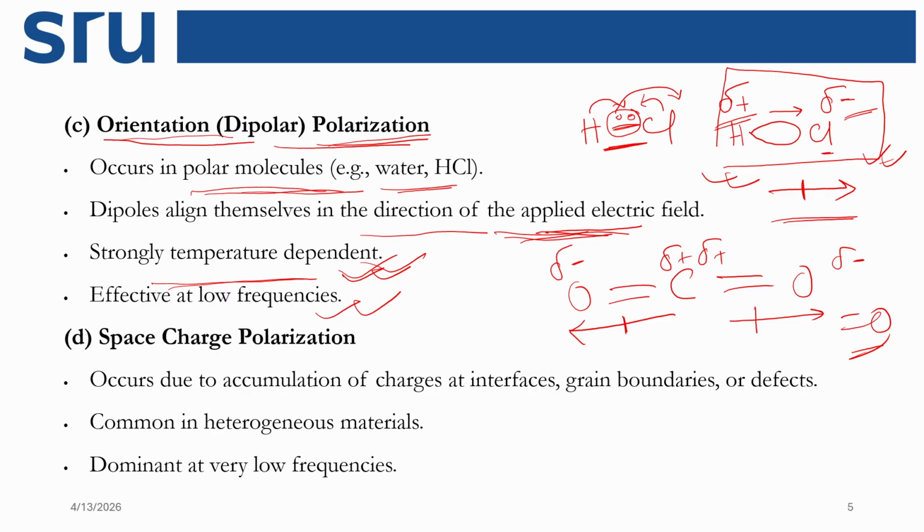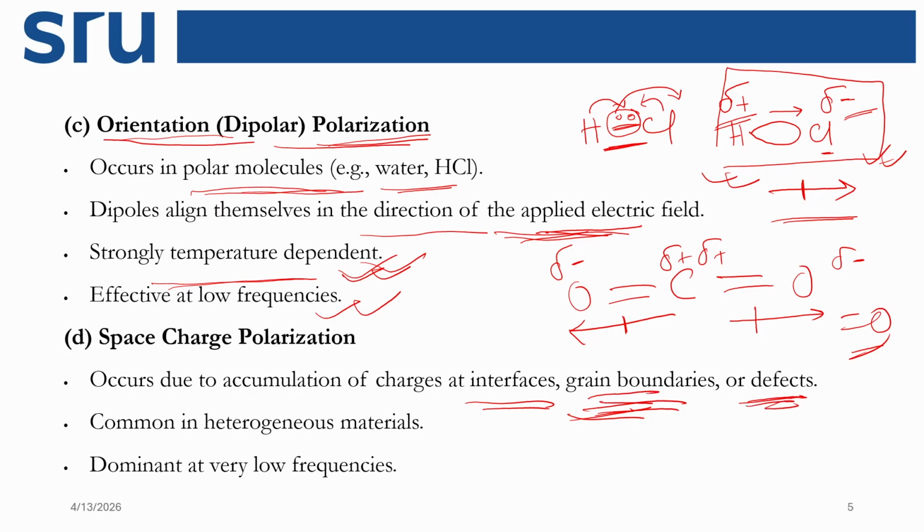Another is called space charge polarization. It occurs due to the accumulation of charge at interfaces, grain boundaries, or defects inside the material. Grain boundaries mean that in the crystal structure, the orientations of the crystallites in the compound are in different directions, and when two different crystallites meet together, this boundary is called a grain boundary.